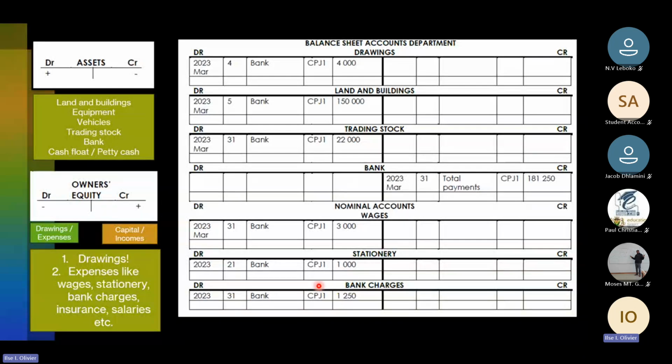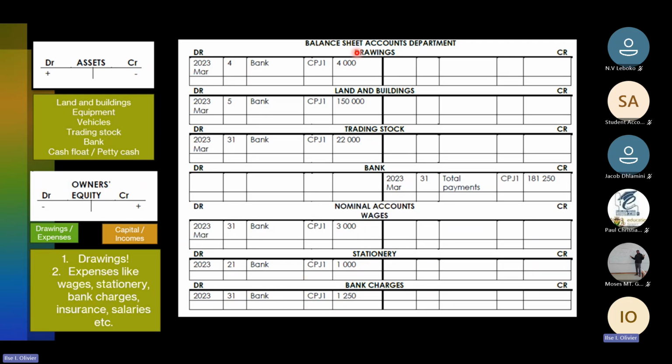And the last one was our bank charges, again on the 31st, not because it's a column, but because it's a sundry account, and that was the day that the transaction happened. Bank was still credited, CPJ1, 1,250 Rand.